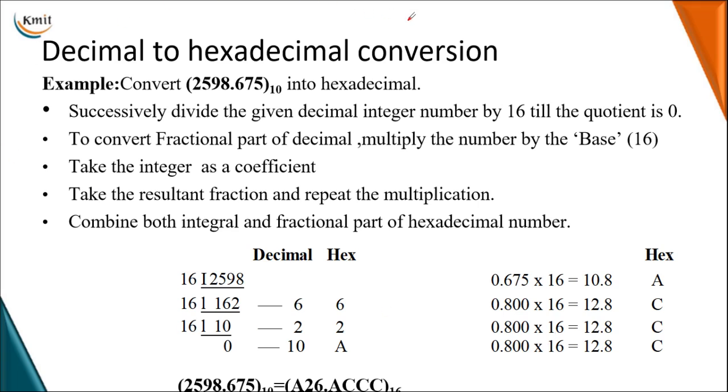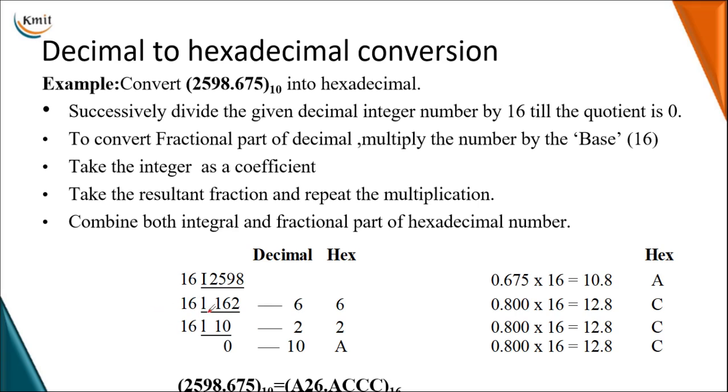Next, in order to convert a decimal number into a hexadecimal number, I have given an example of a mixed number which has both an integer part and a fractional part. The integer is successively divided by the base 16, and the fractional part is successively multiplied by the base 16. Upon successive division, the first coefficient is 162 and the remainder is 6.